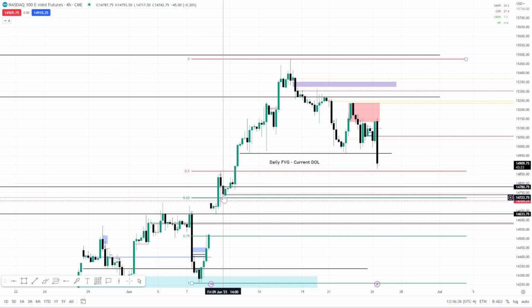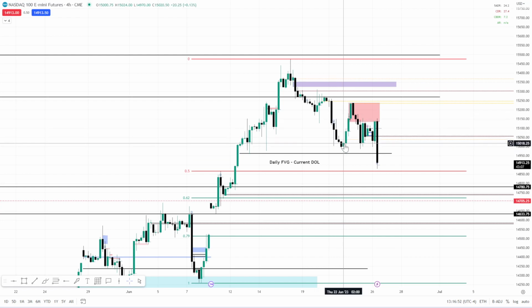Equilibrium sits right at this 4 hour order block. So I would expect maybe price to come down here, and then maybe this would be a good mitigation block where we have a swing low, price runs up, and then we kind of come down and price might return to this area.